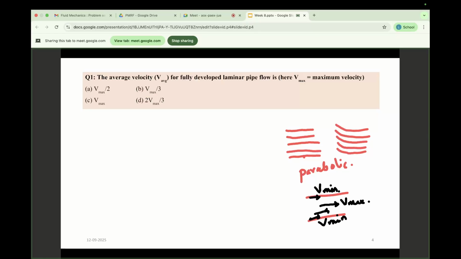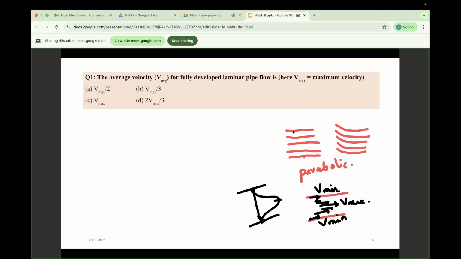As you move towards the center, the velocity will increase. So that is the pattern, and its profile should be like this. This is the velocity profile. That means the velocity is maximum at the center, whereas it is minimum at the wall. That's why the velocity profile is always parabolic in laminar flow, right?